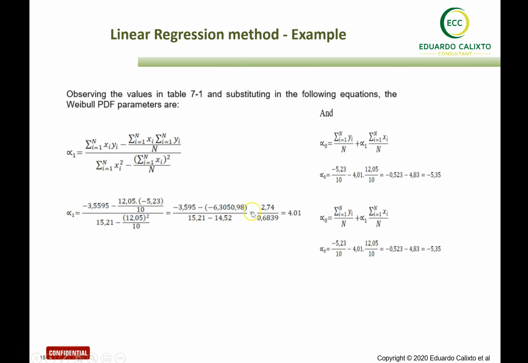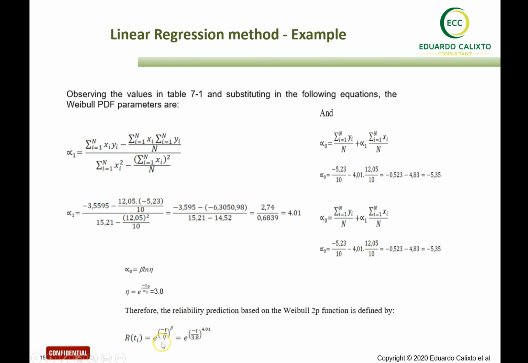Similarly, we need to find the value of alpha 0. That is already defined previously, and we need to apply this equation. Then we define the value of alpha 0 equal to minus 0.35. Then, of course, if we have alpha 0 equal to minus beta times the natural logarithm of eta, then we can define eta, that's 3.8, to predict the reliability based on the Weibull two-parameter equation.